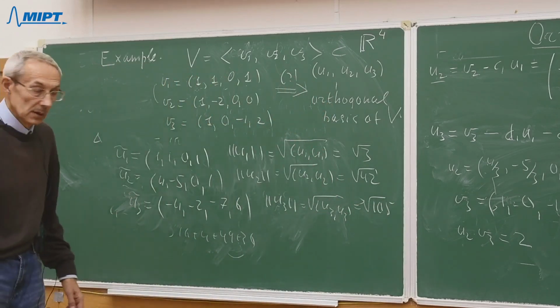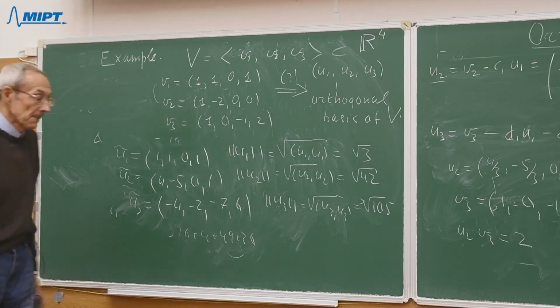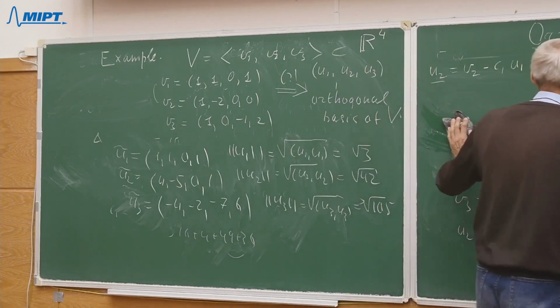And we can obtain the so-called unit orthogonal system, or the so-called orthonormal basis in the vector space V.